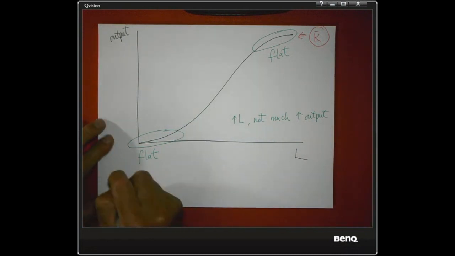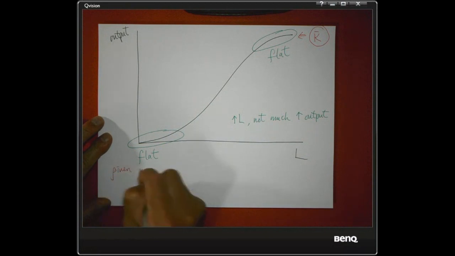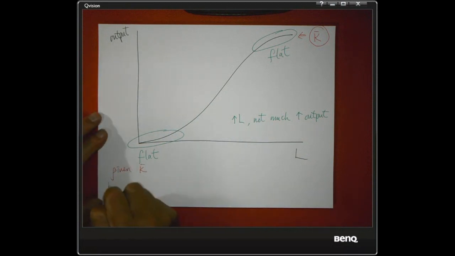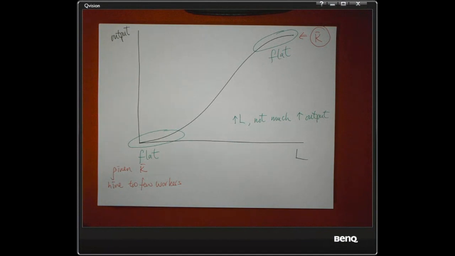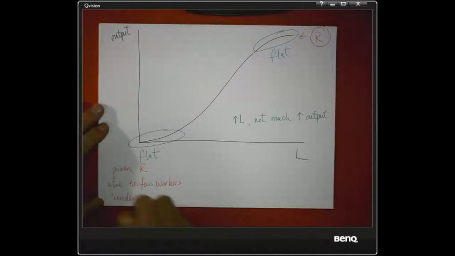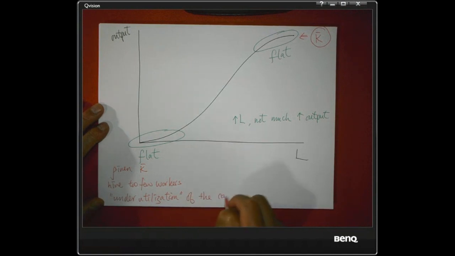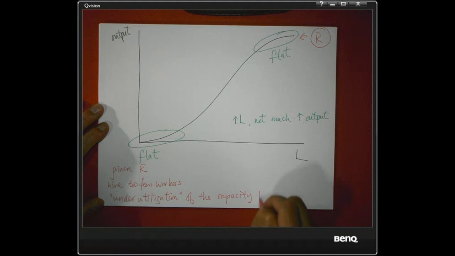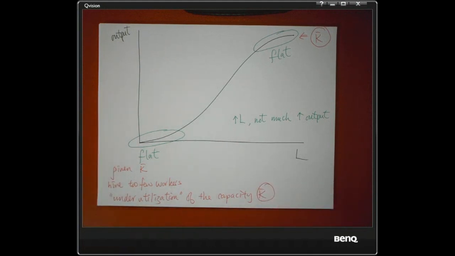For this given factory size, when you have too few workers, like you have machines in your factory and you only hire 5 or 6 workers, you are actually having what we call underutilization of the capacity, which is the size of the factory.